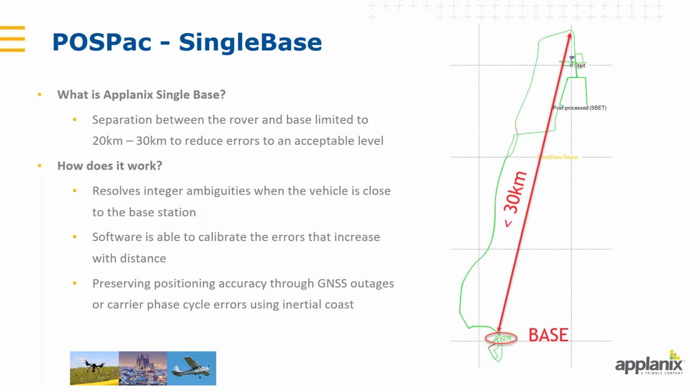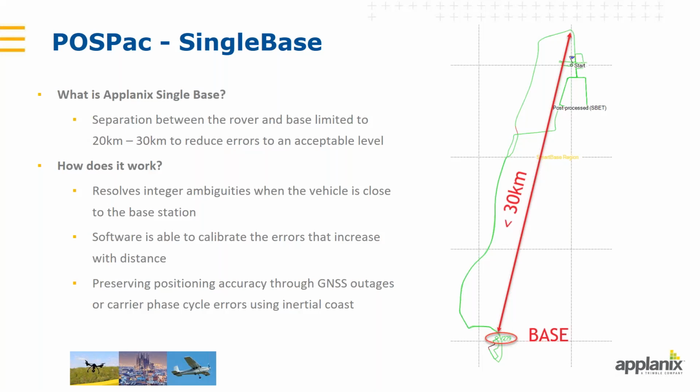With the assumption that the rover and base observe the same GNSS errors, like atmospheric errors, clock and orbit errors, these kinds of errors can be eliminated, and the ambiguities can be resolved in the adjacent area of the base station, and the errors which increase with the distance to the base station can be calibrated.